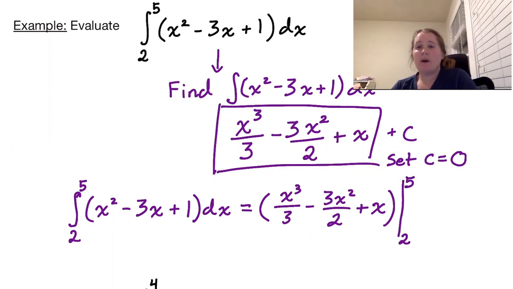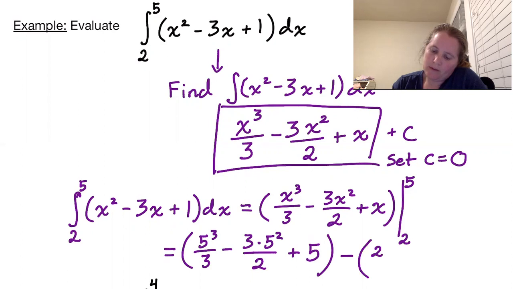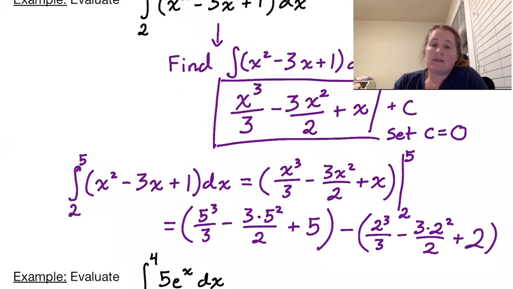So this indicates we've already found an antiderivative. It just remains to evaluate. So now we are going to plug in 5 and 2. So we will do 5 cubed over 3 minus 3 times 5 squared over 2 plus 5. And then we will subtract off, plugging in 2: 2 cubed over 3 minus 3 times 2 squared over 2 plus 2. Then it remains simply to finish the arithmetic.